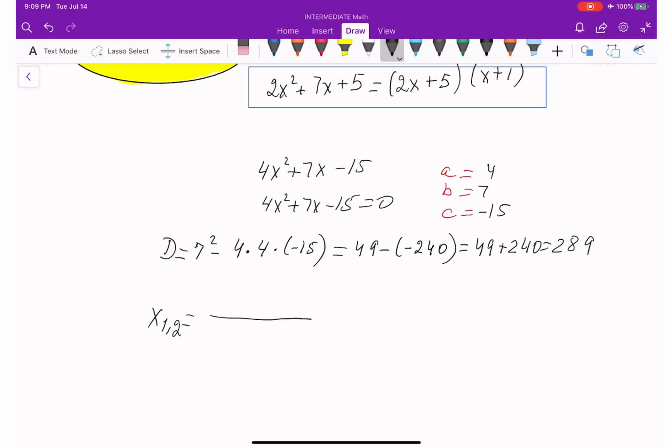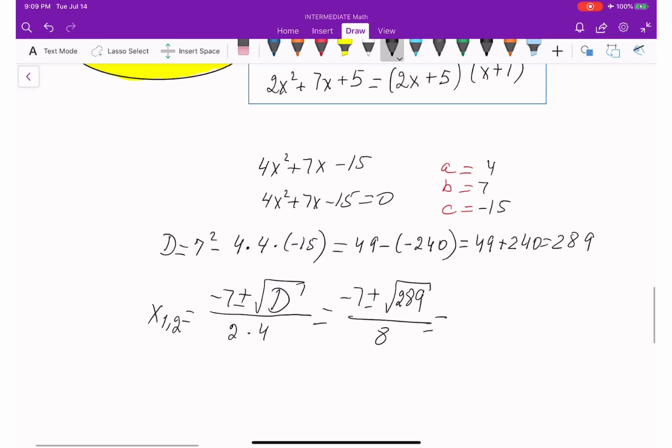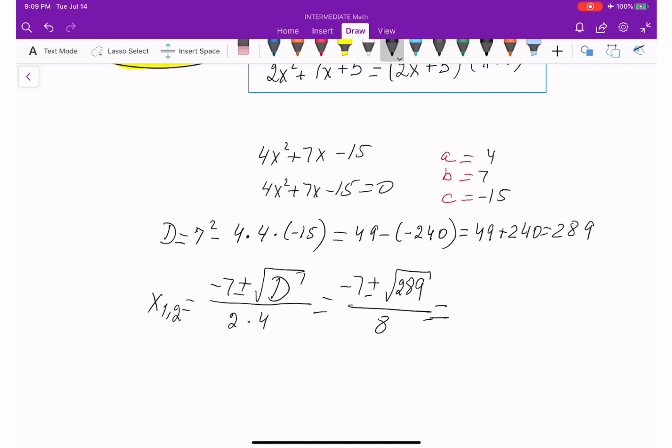So it's going to be negative 7 plus minus discriminant over 2a, 2 times 4. Okay, negative 7 plus minus square root of 289 over 8. And that is going to be equal negative 7 plus minus 17 over 8.